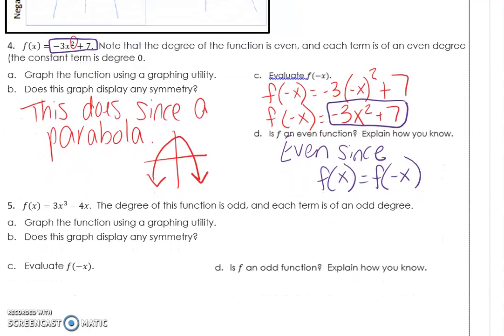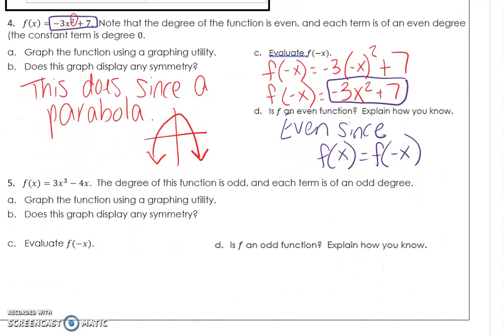The next example here is with a highest exponent that is odd. If we graph this, we see that there is not symmetry. Something like this.